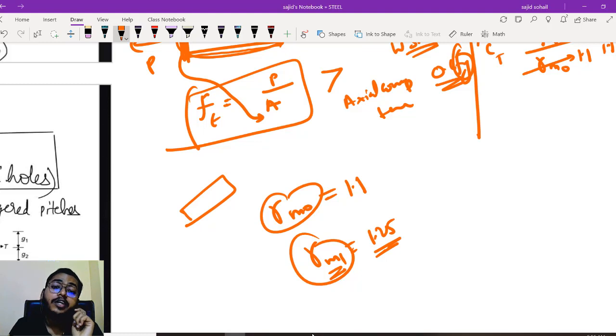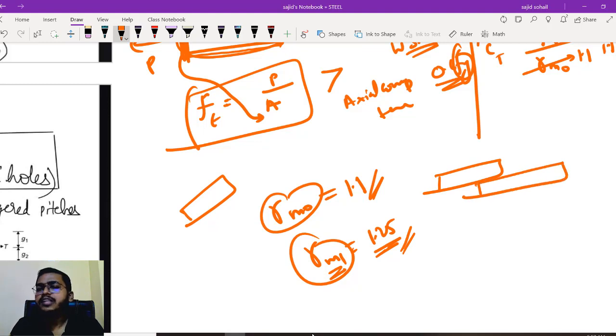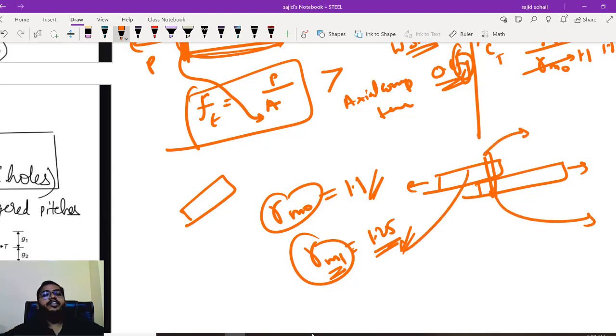You can ask, sir, why is it lower for members and higher for connections? I have told you in the very first module of steel structures: if a member fails, obviously it's risky, but let us say the members are very strong, you are using very good material and they are capable of taking a lot of load, but if your connection fails, what will happen? The member will fall, it will be a chain reaction and your structure will collapse, right?